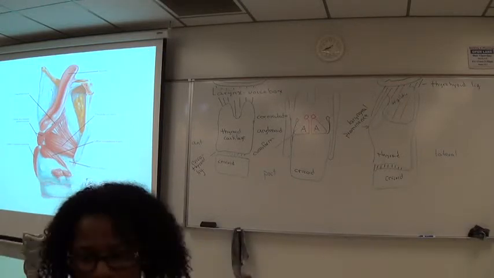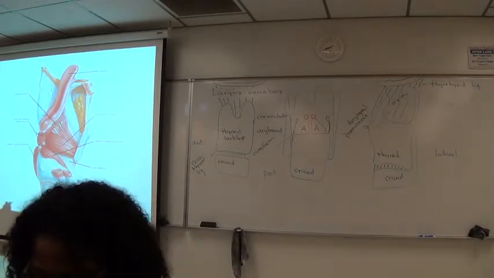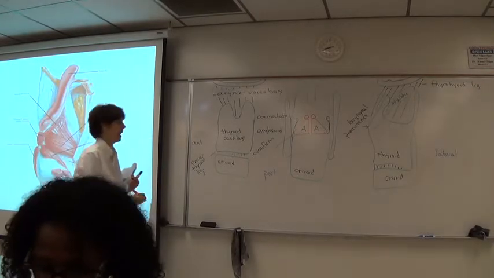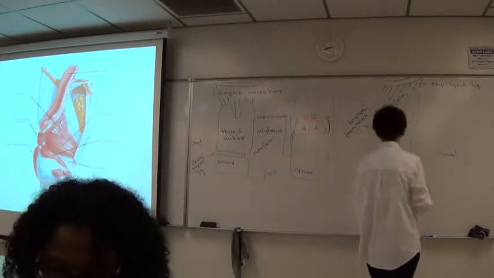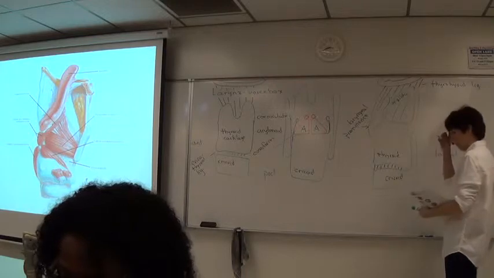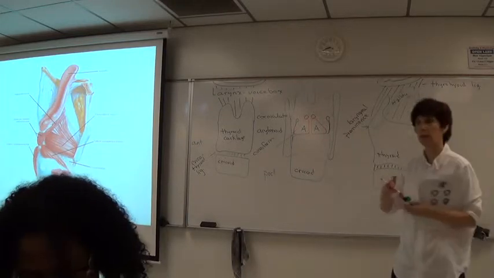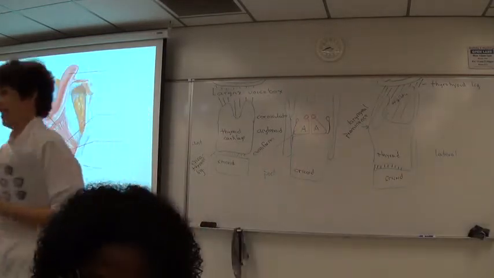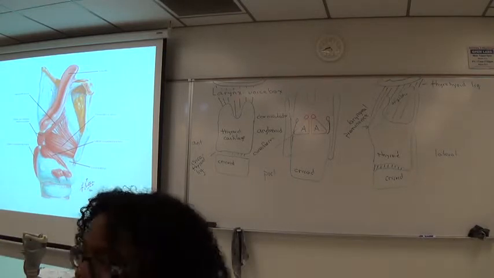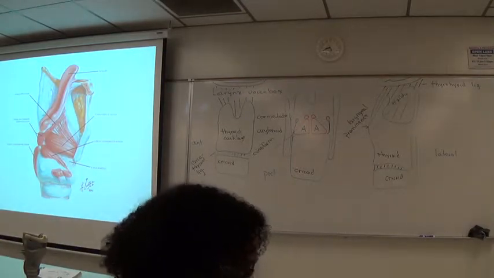So the first one on your list is cricothyroid. It's most easily seen from a lateral view. You can see it on some of the models. Sorry, this one that you have. This lower one right here is cricothyroid.